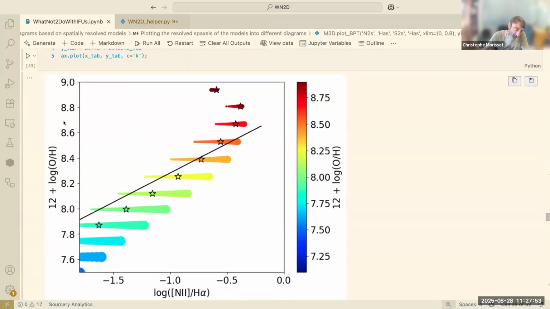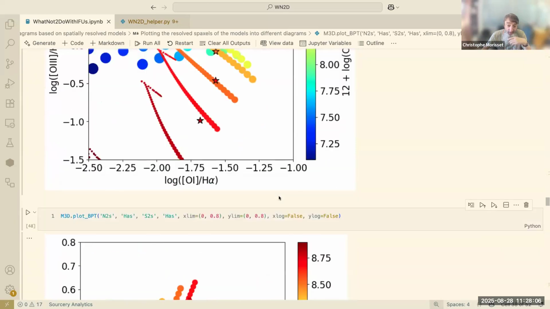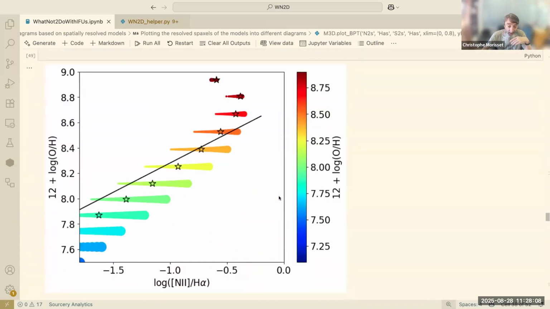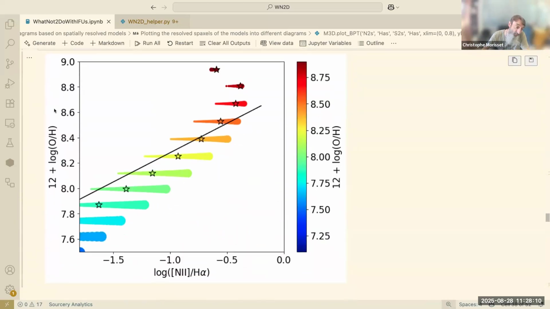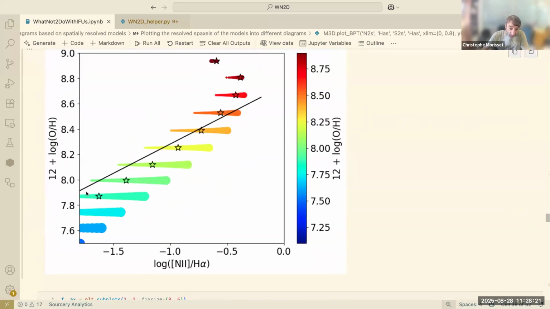So in X is one of the strong line calibrators or indicators, N2 over H alpha, the same as X in the BPT. Here is a strong line, but in Y it's the metallicity. And in black, these are the Marino relations. Okay, so it's not that bad.